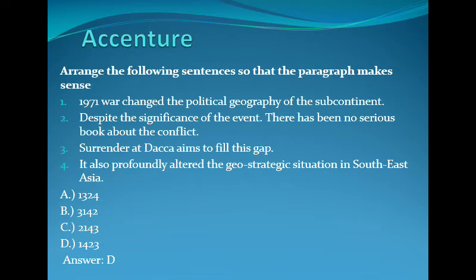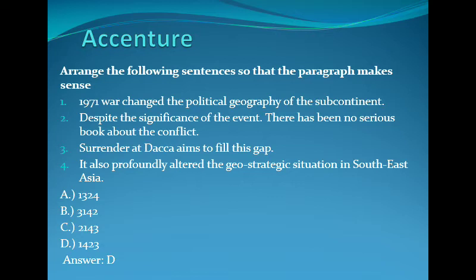So here it refers to the war. Okay, the result of the war altered the geostrategic situation in Southeast Asia. And then this can be followed by statement number 2, which talks about significance of the event. Despite this, there has been no serious book about the conflict.